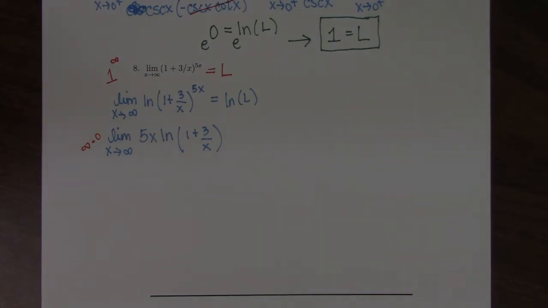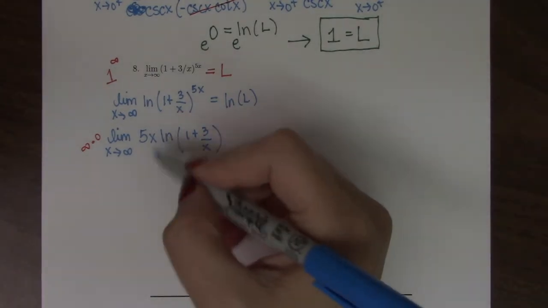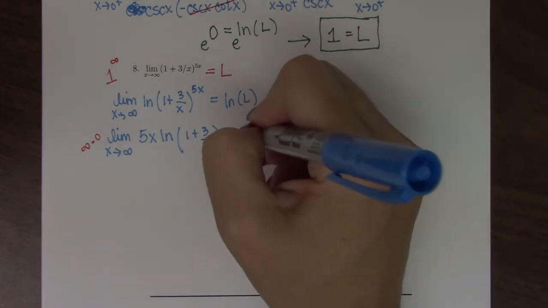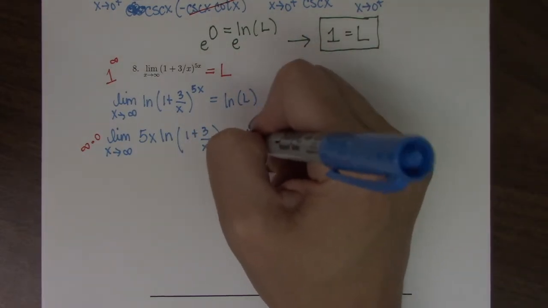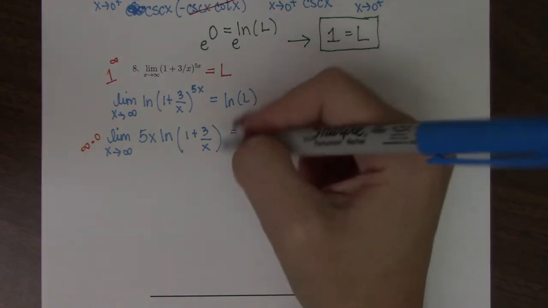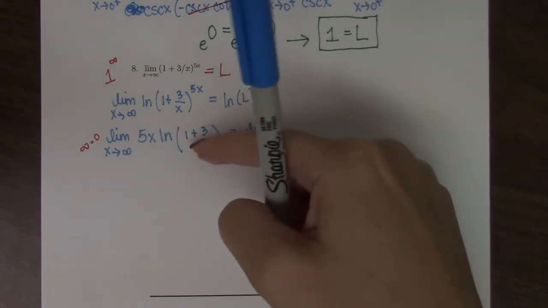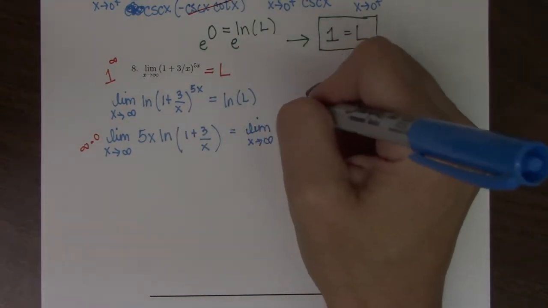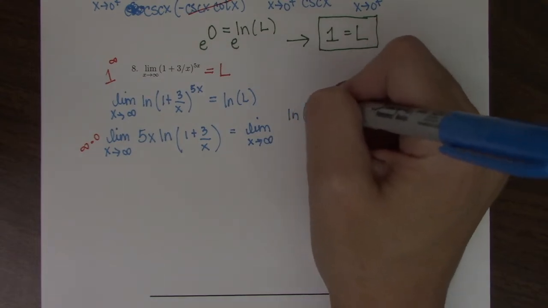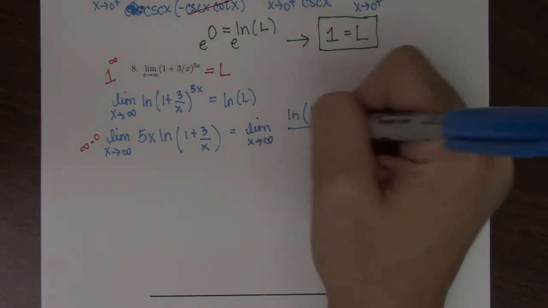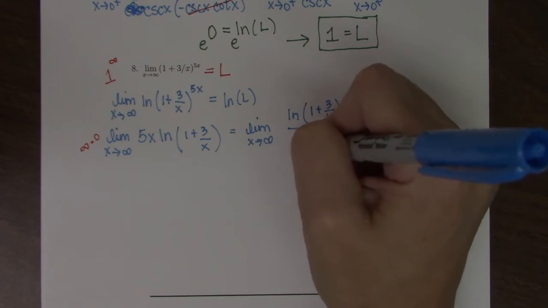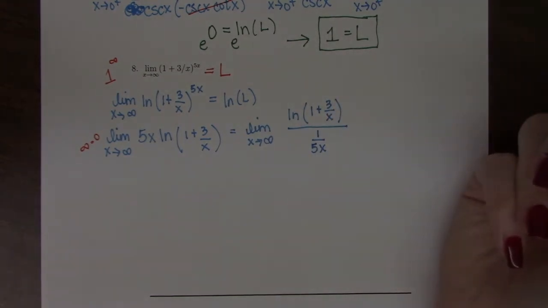So just like before, where I took that square root and moved it into the denominator, I can move this 5x into the denominator, but I can't just put 5x in the denominator. I have to make sure it's an equivalent expression. So I'm going to leave the natural log up here, and I'm going to write this as 1 over 5x.